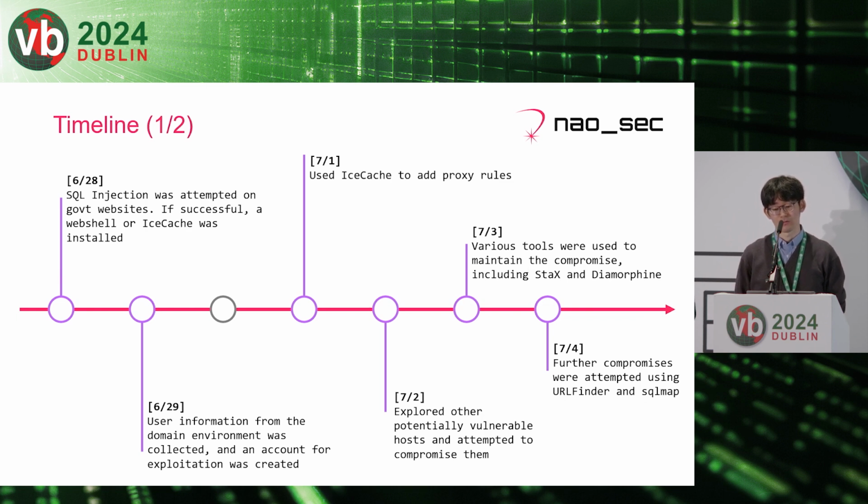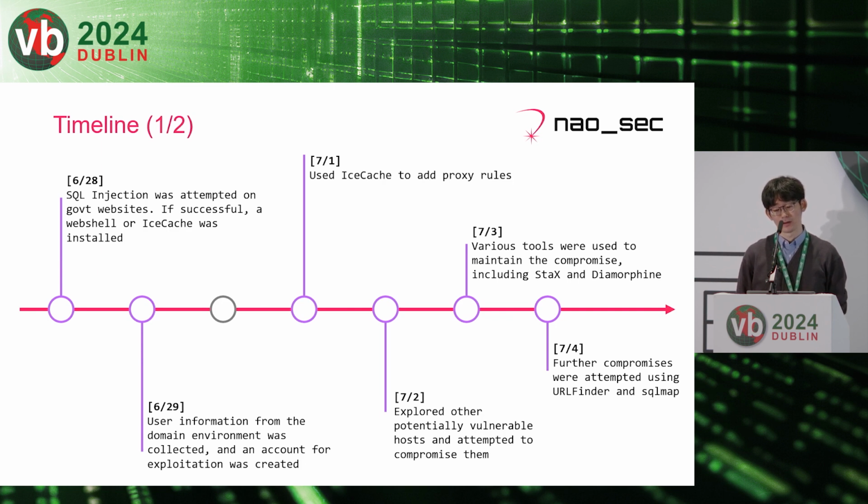If the exploit was successful, they install a web shell or malware, gaining a foothold for the attack. On day 2, they checked the domain information of the compromised hosts and created accounts for further exploitation.